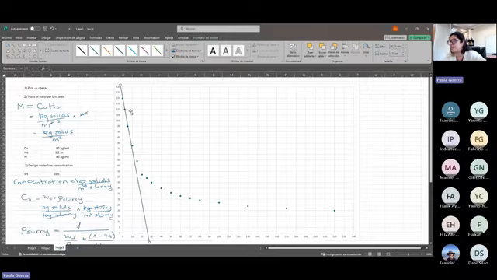We're passing a straight line through these first points where the settling rate is the fastest. Why do I say settling rate? Because this is the slope of the height difference over time, and that would give us a settling speed.